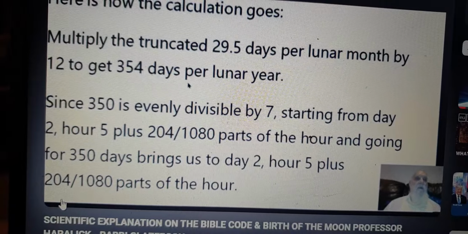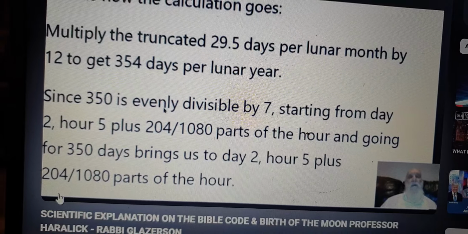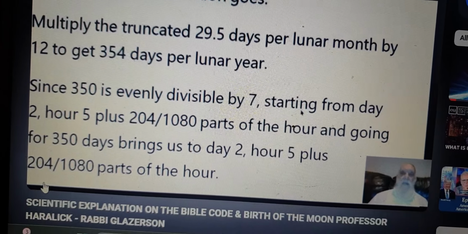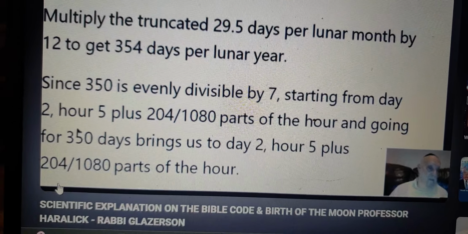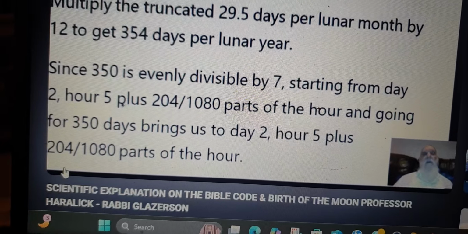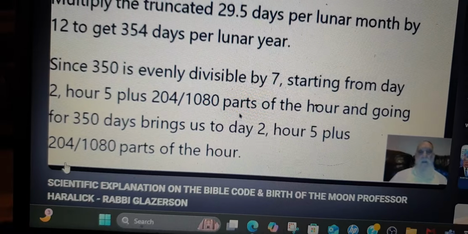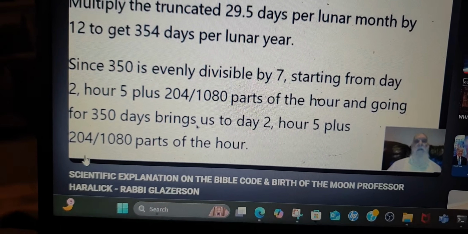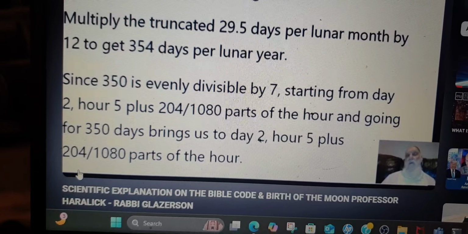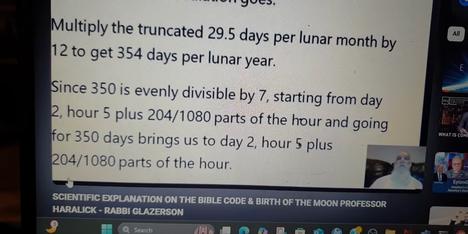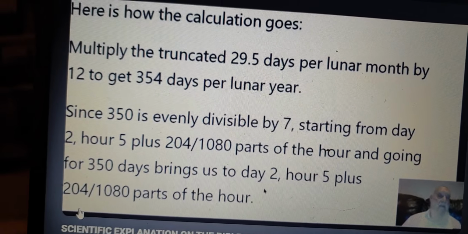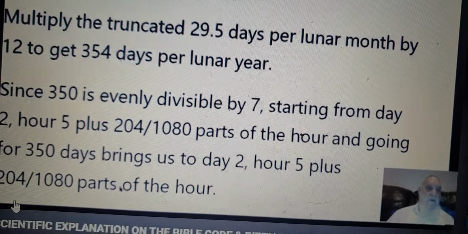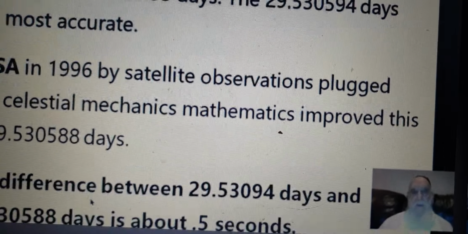Since 350 is evenly divisible by 7, starting from day 2, hour 5, plus 204 portions of the hour, and going for 350 days brings us to the second day, the 5th hour, 204 parts of the hour.